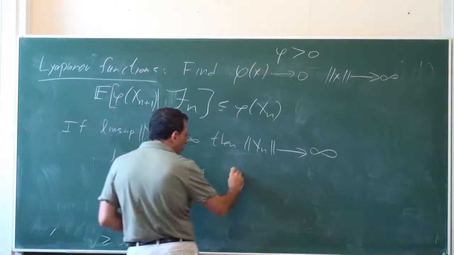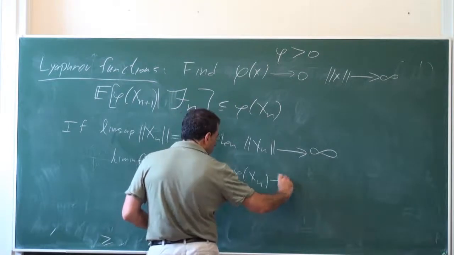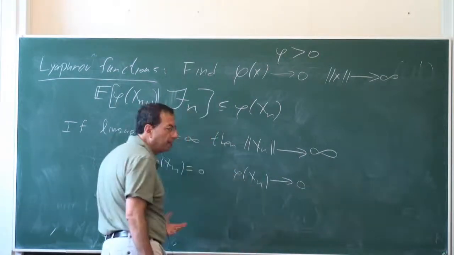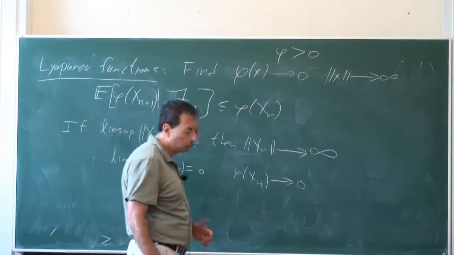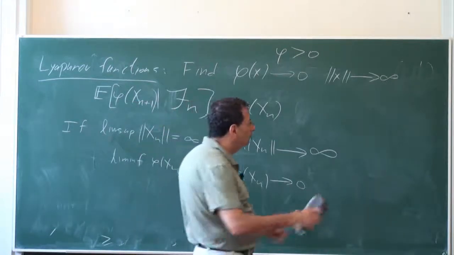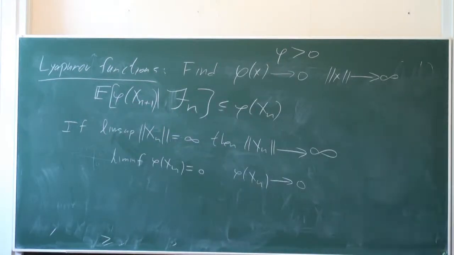It converges, so phi of X_n goes to 0, which will force X_n to go to infinity, because phi is positive everywhere, only going to 0 at infinity. So the whole game is to find this Lyapunov function.